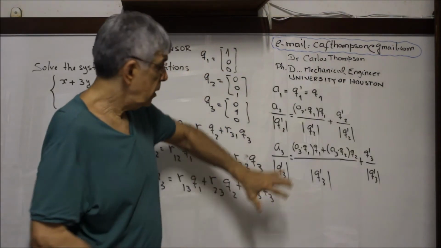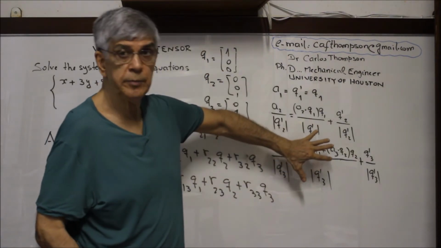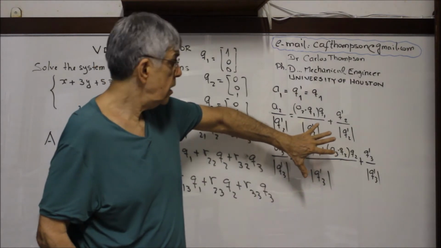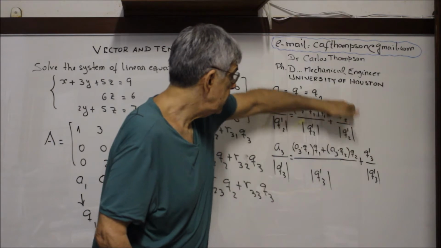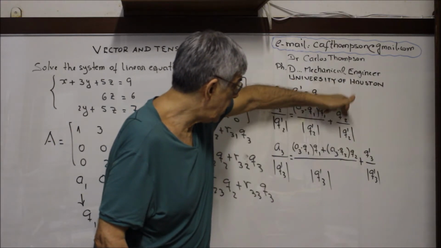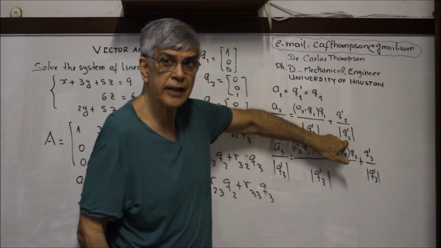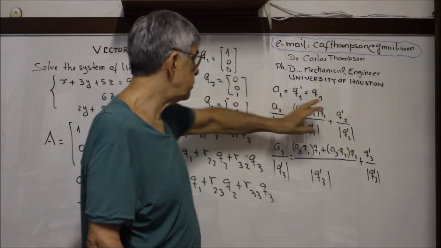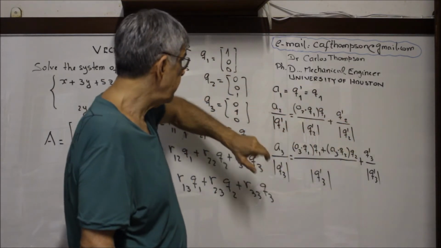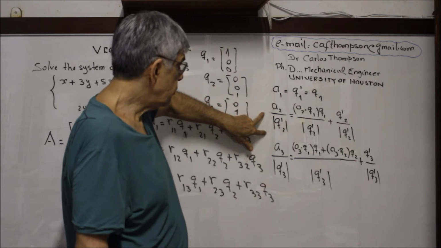Now, all of this we did before, okay? So, instead of having Q2 prime divided by its magnitude on the left-hand side, I just put on the right-hand side, this is A2, okay?